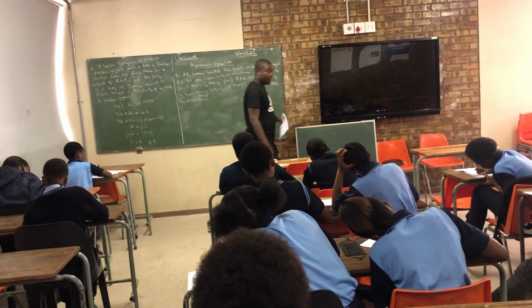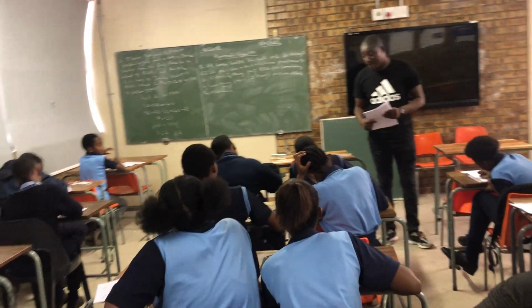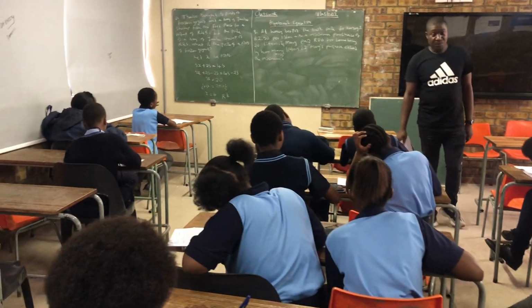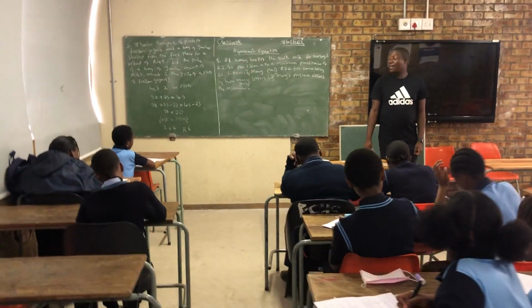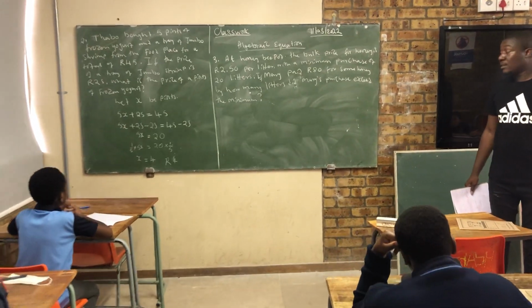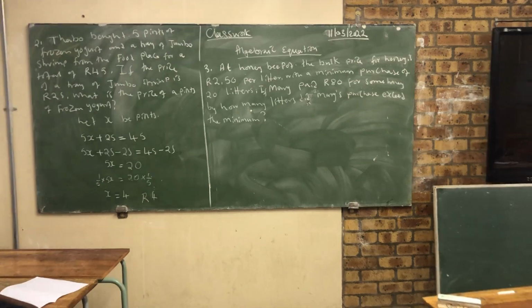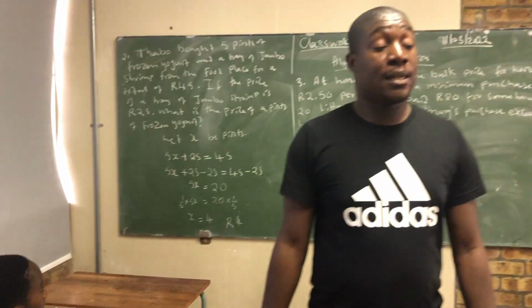This one is the last one. You just find out how many liters Mary exceeded the minimum purchase by. What is the minimum purchase? 20 liters.